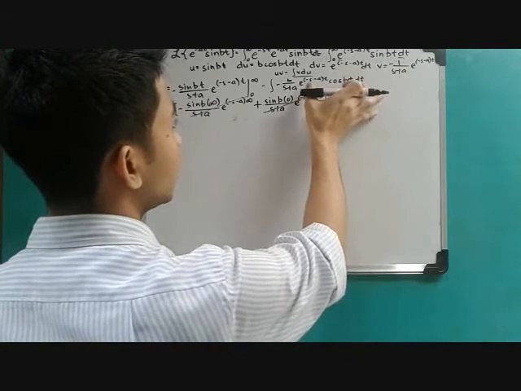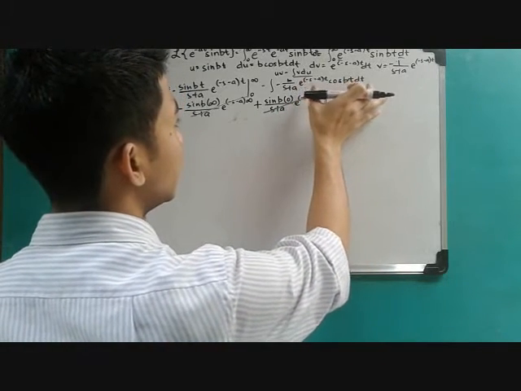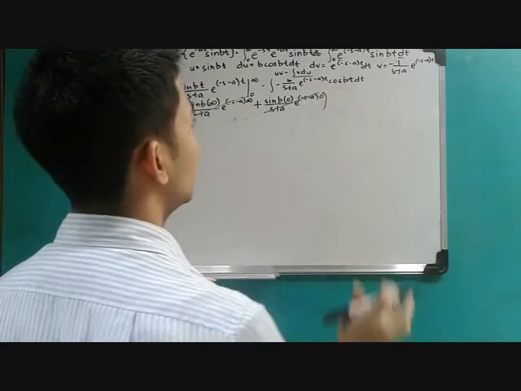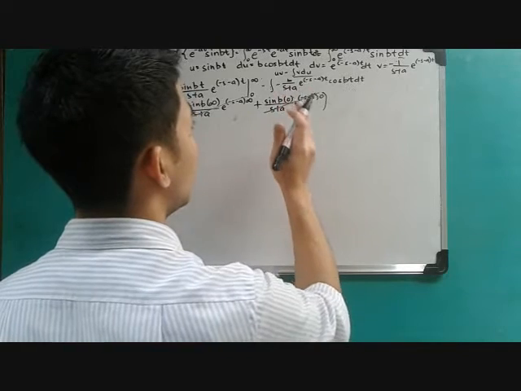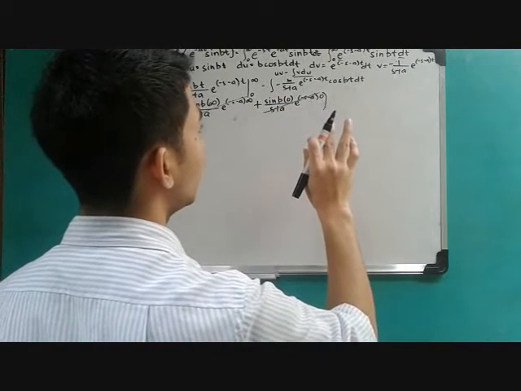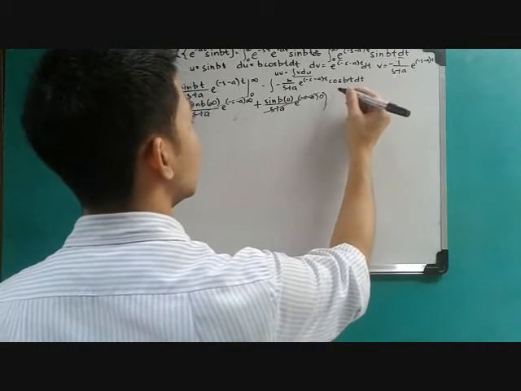Next is to find the integration by parts of this equation. So put the b, negative b over s plus a outside.